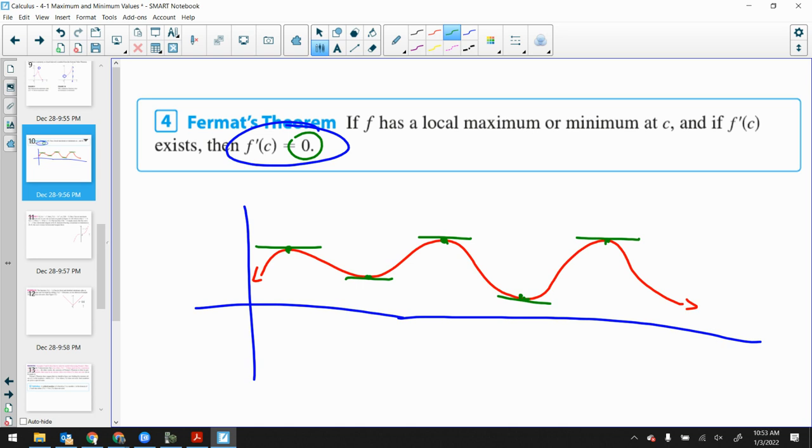So if you can find the derivative and then set it equal to 0, you can tell where that location is. And that's really honestly what the calculator is doing when we did it back in Algebra 2. The calculator was finding the derivative, setting it equal to 0, and solving that equation.